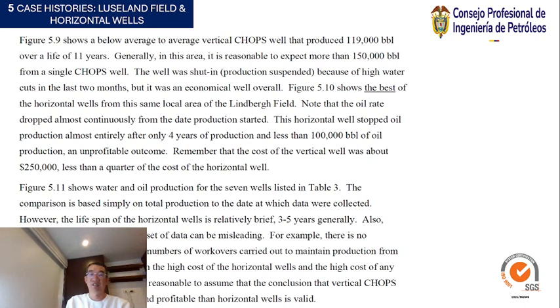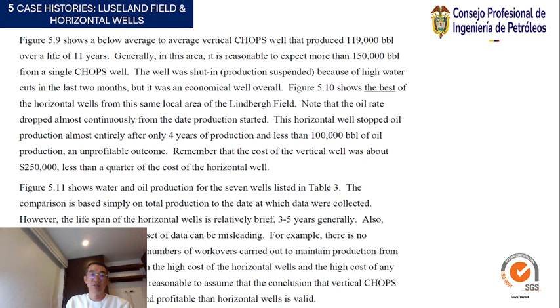Remember that the cost of a vertical well was about $250,000, less than a quarter of the cost of a horizontal well. Figure 5.11 shows water and oil production for the several wells listed in Table 5.3.